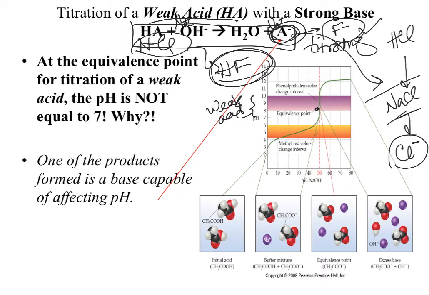But for now, just focus on the product. If you're asked, for example, why is the pH at the equivalence point for a weak acid greater than 7, the correct answer is because the salt that is formed as a product is capable of changing the pH of water.